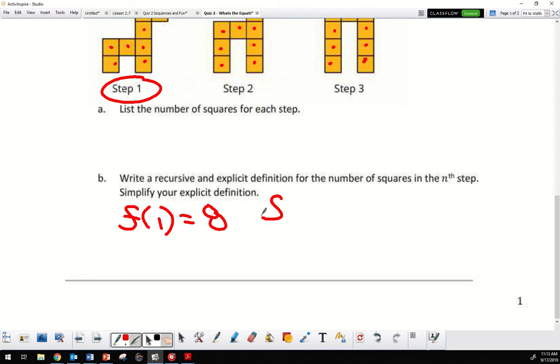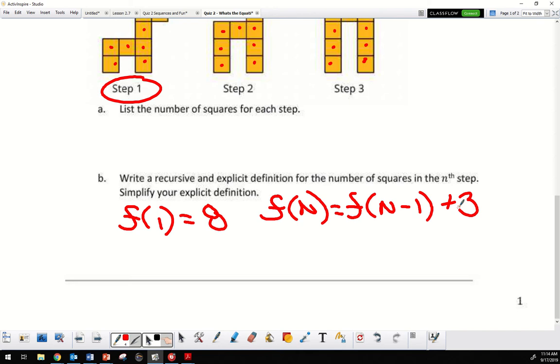And then f of n equals f of n minus 1 plus 3. This is the recursive, so it requires the previous.